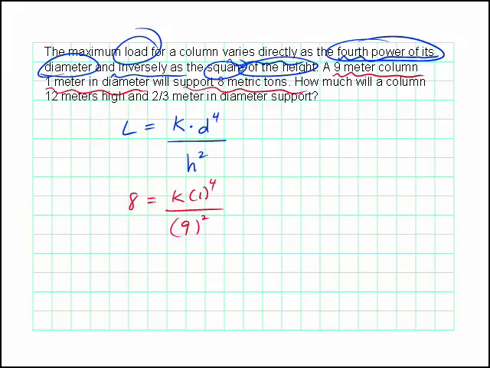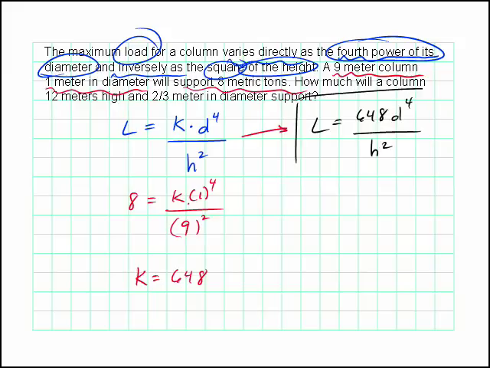If we solve this for k, we end up with 648 for k. All right, so our equation here is actually L equals 648 d to the 4th over h squared. This is actually a joint variation. It has direct variation and inverse variation at the same time, combined.